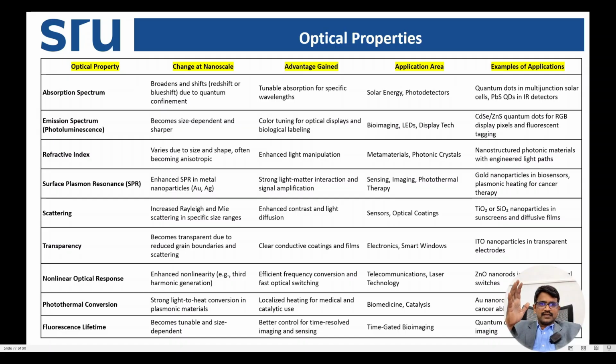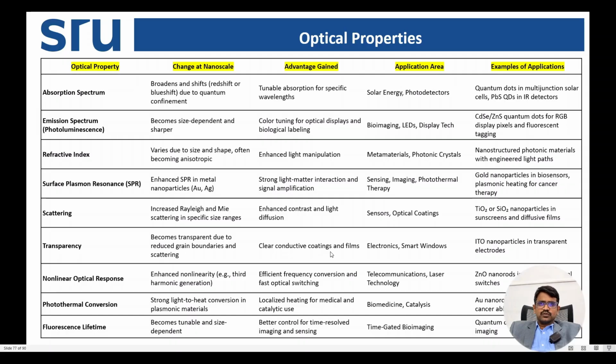But if you make a nano coating on this glass, it will reflect the incident UV rays into the air, so that the room doesn't get that much heat. So it provides transparency and also coolness. See here, it becomes transparent due to reduced grain boundaries and scattering. This is the reason it provides this property.